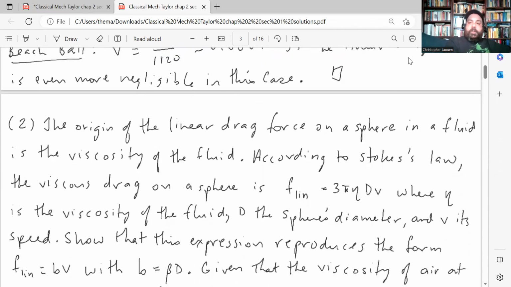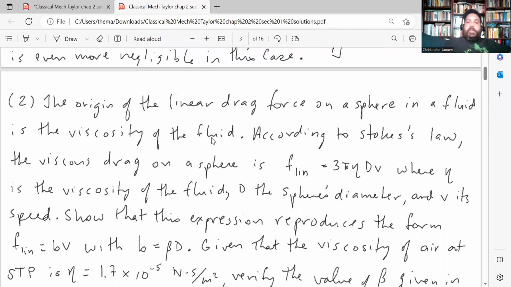All right, let me read out question 2. The origin of the linear drag force on a sphere in a fluid is the viscosity of the fluid. According to Stokes' law, the viscous drag on a sphere is F_lin equals 3 pi eta times d times v, where eta is the viscosity of the fluid, d is the sphere's diameter, and v is its speed.